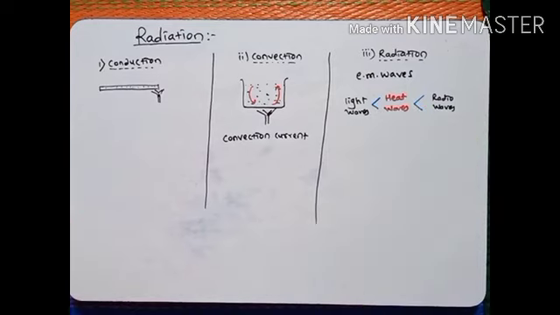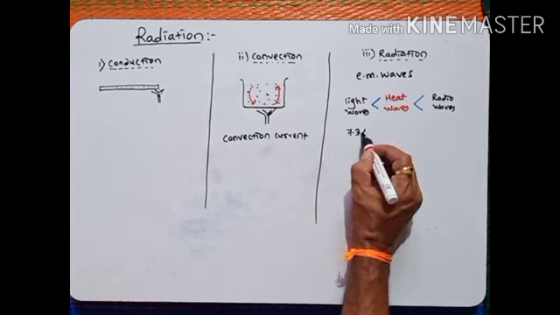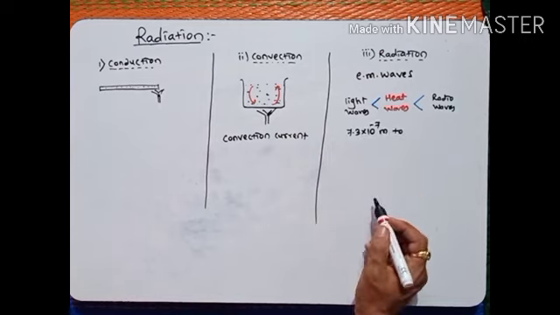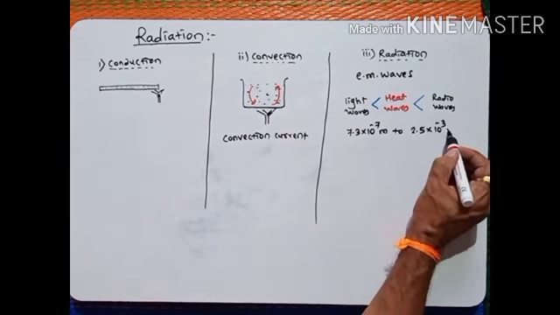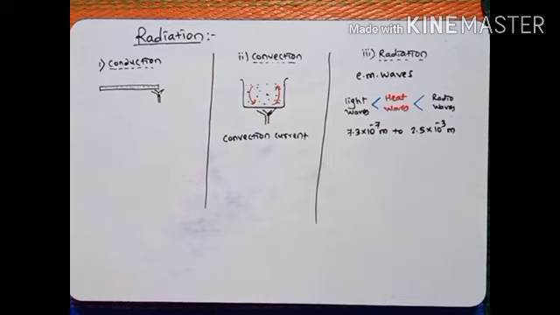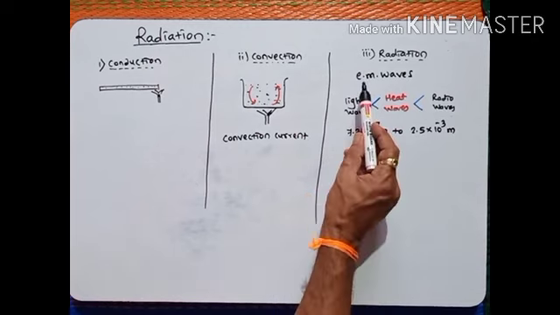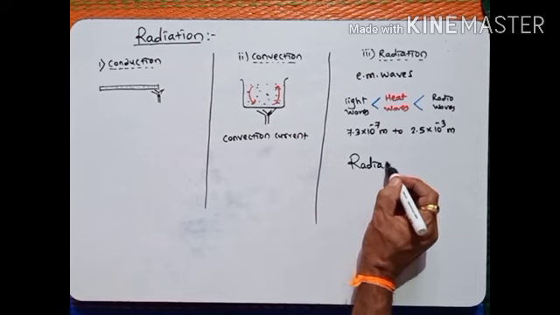This is the wavelength of the heat waves. The wavelength range is about 7.3 into 10 raised to minus 7 meter to 2.5 into 10 raised to minus 3 meter. Heat waves have wavelength in between these. The mode of transfer of heat from one place to another in the form of these electromagnetic waves, we call radiation.